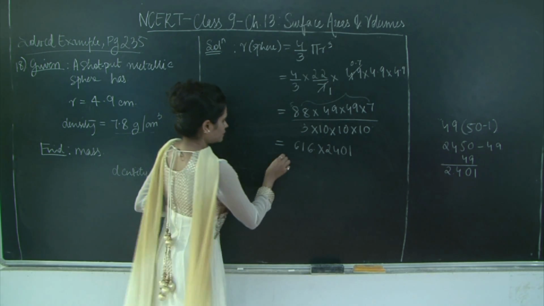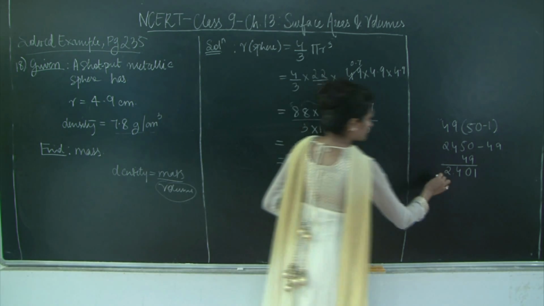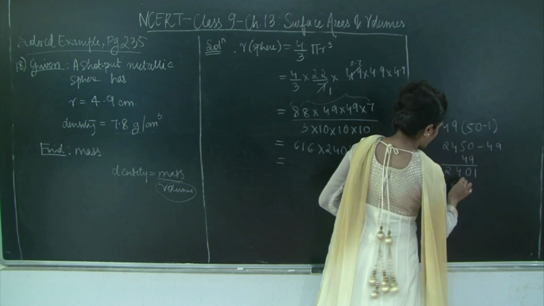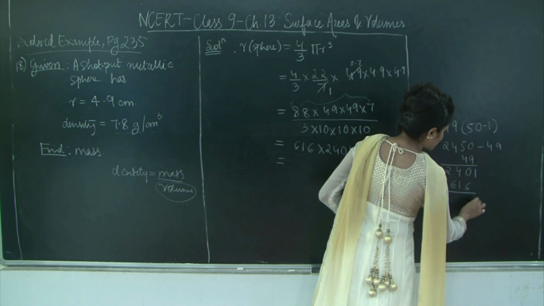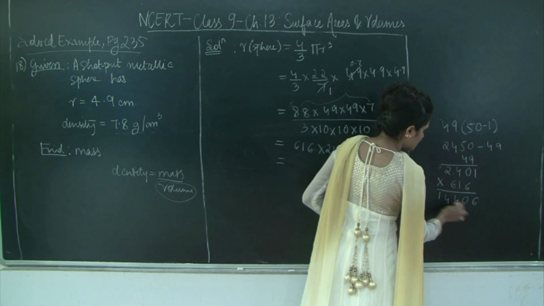Okay, so 2401 into 616. Six ones are 6, 6 zeros are 0, 6 fours are 24, 6 twos are 12, 13, 14.